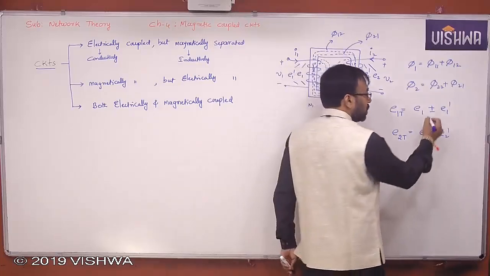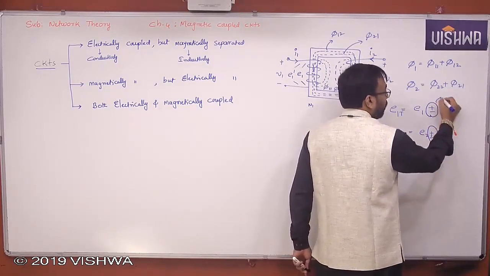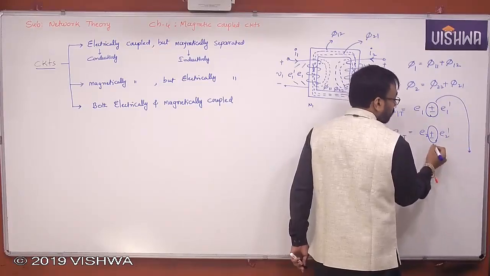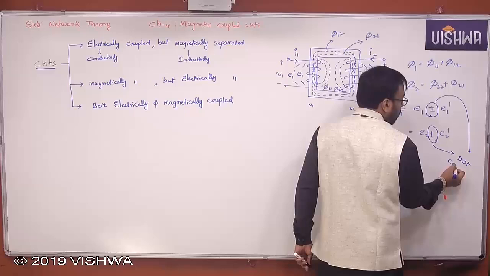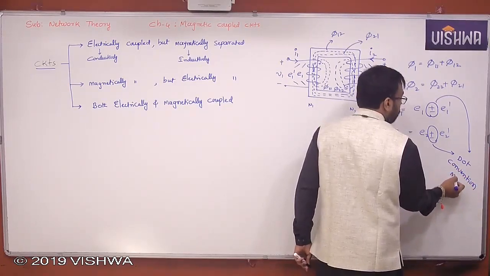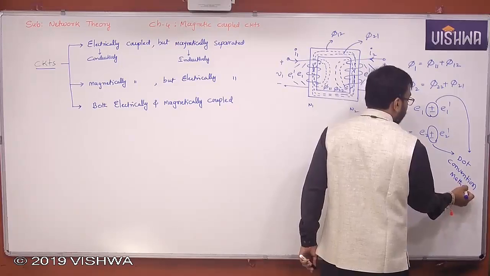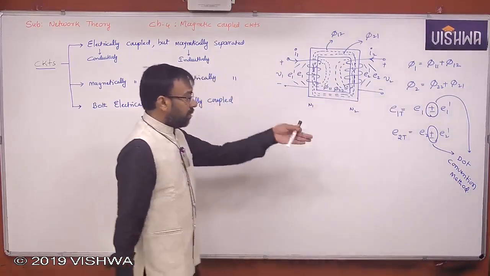So those signs of mutually induced EMF can be determined using the dot convention method. What is that method? Dot convention method. We will see the dot convention method a little later. We are going to explain that.